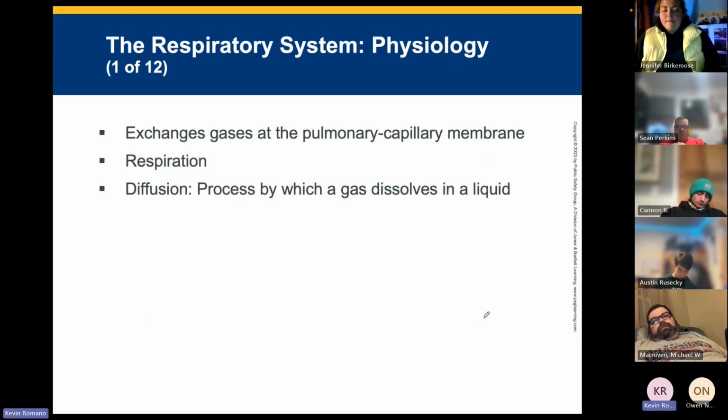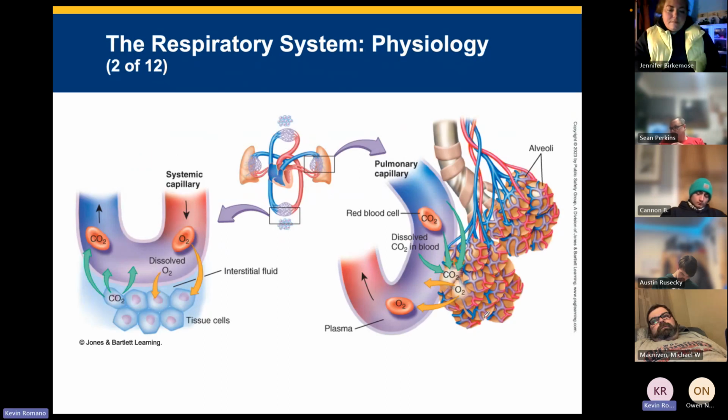Because there are so many alveoli, a fairly large surface area exists for respiratory exchange to occur, as you can see here. This figure shows the oxygen exchange occurring in the capillaries in the lungs. Oxygen then passes from the blood to the tissue cells, and carbon dioxide and waste pass from the tissue cells into the blood.